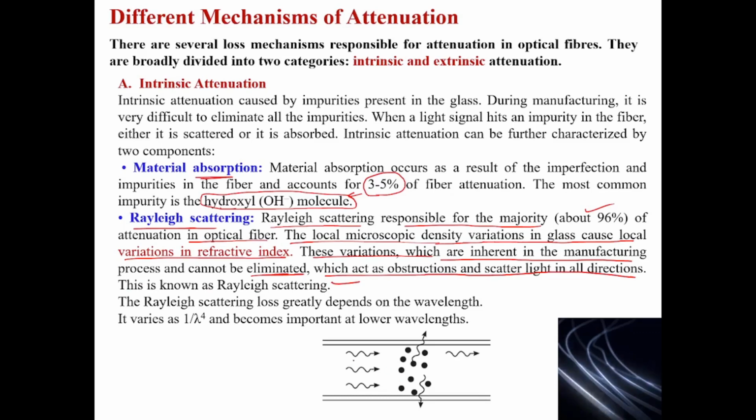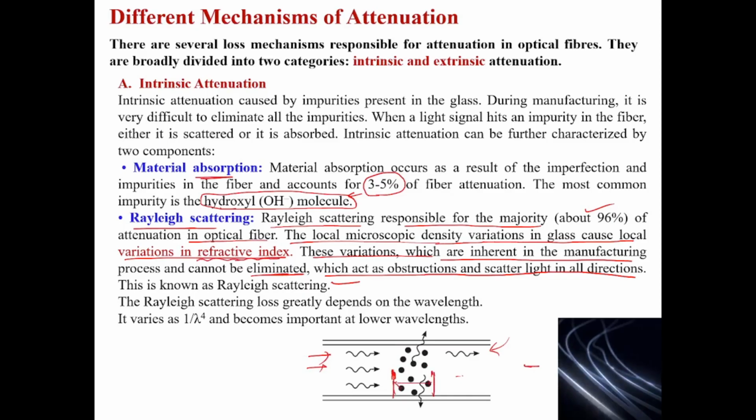Here you can see, suppose this is your optical fiber or this is your core part. The light signal is propagating through this optical fiber from this end to this end. Due to the refractive index variation from one place to another, suppose in between these two points there is some refractive index variation.